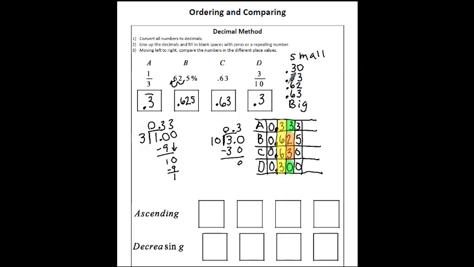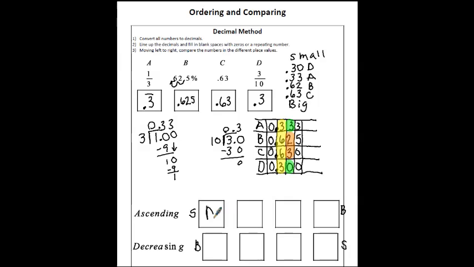And now we know exactly which number is going to be next. So 0.30 is the starting number for letter choice D. 0.33 matches letter choice A. 6, 2 matches B, and 6, 3 matches C. So if I look down here, ascending is from smallest to biggest, and descending is from biggest to smallest.